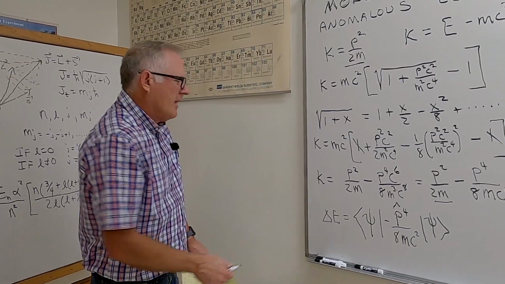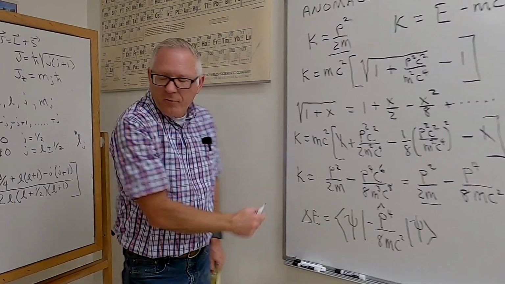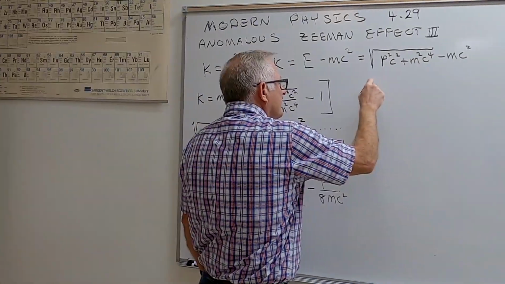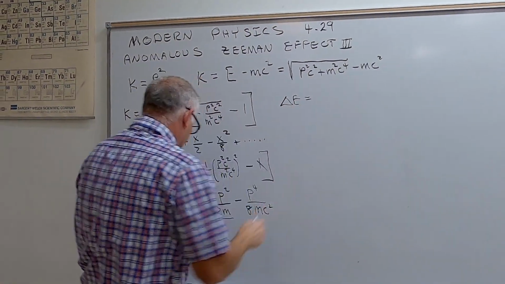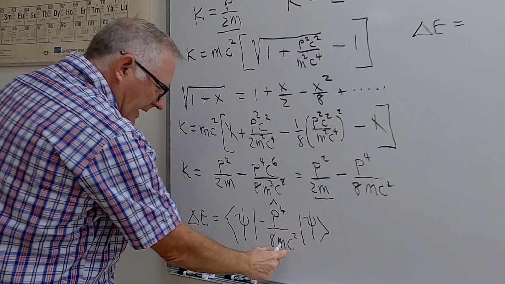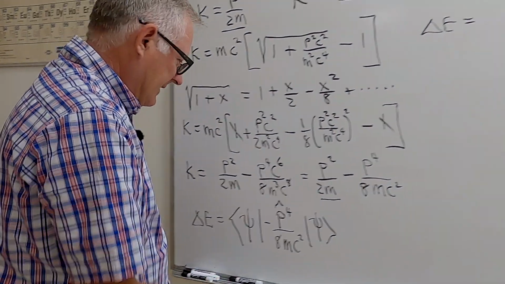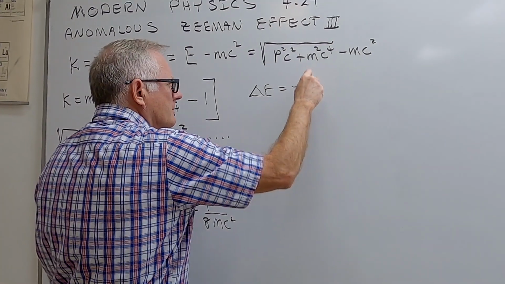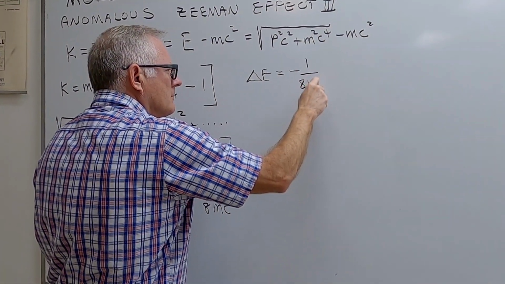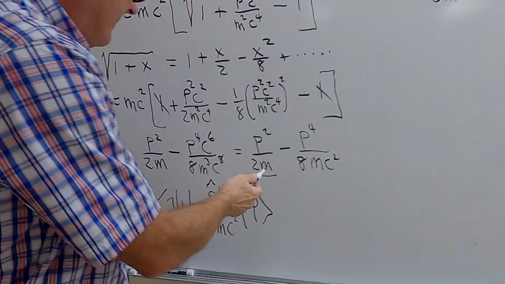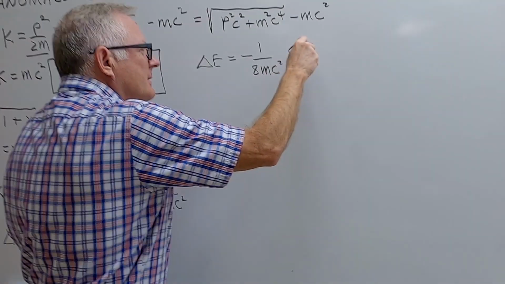Okay, so this is what we want to calculate, and hopefully we can then combine it with this one right here. So what do we have? We have delta E equals, I'm going to pull out the minus 1 over 8 m cubed c squared, and then we just get psi, p to the fourth, psi.